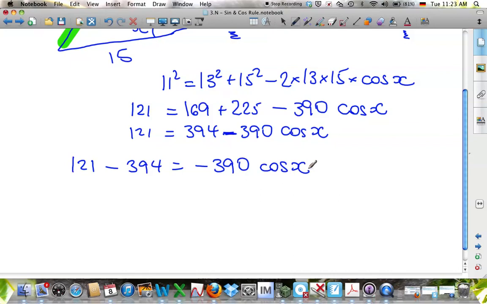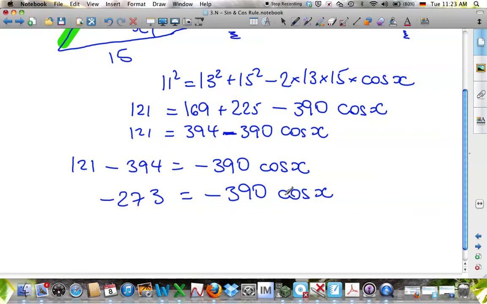Okay, if you're going to go wrong anywhere in this topic, it's going to be here in the rearranging. So just be very, very careful, one step at a time. So 121 minus 394 is actually minus 273, and that equals minus 390 cos x. Now we need to get rid of the minus 390.